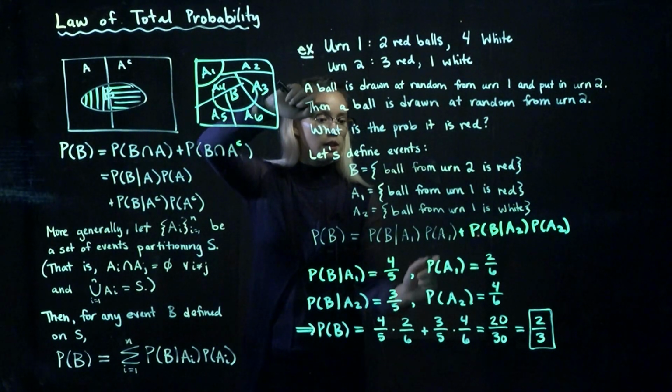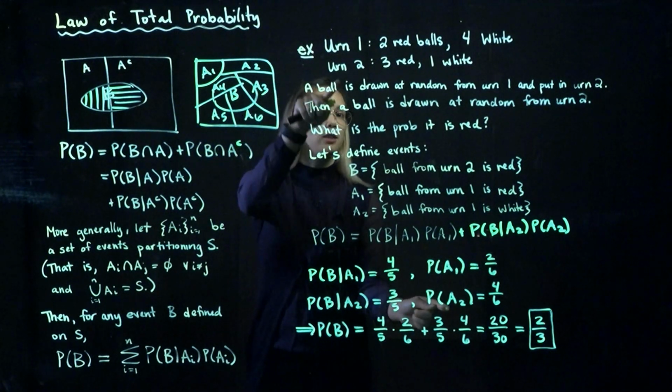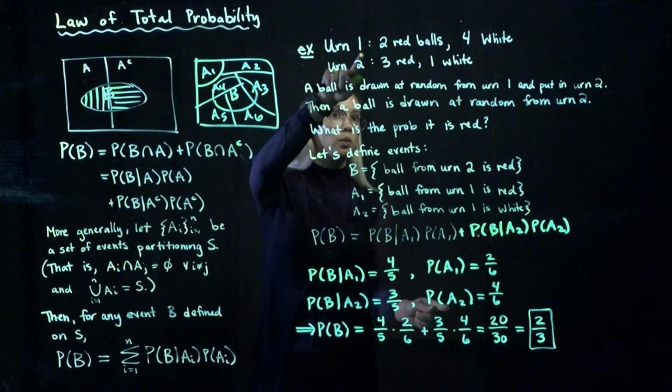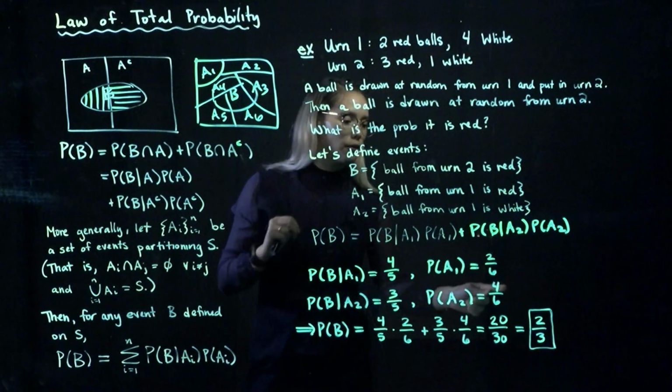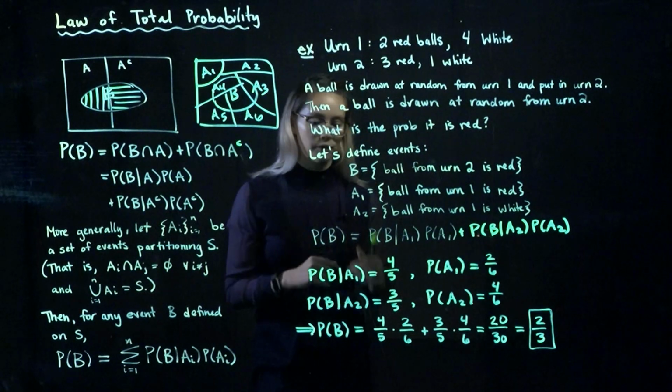Similar thought process for calculating the probability of A2. If we want to know what's the probability that the ball drawn from urn 1 is white, well, there are 4 white balls out of the total of 6, so we have 4/6. Okay, so the unconditional probabilities are figured out.